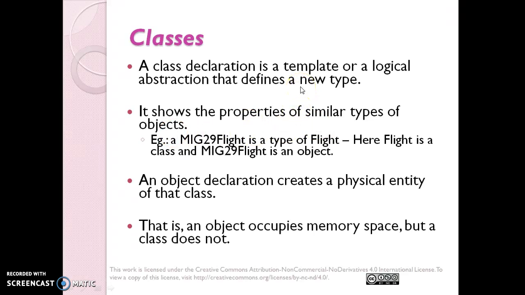For example, if you write int a, b, c, integer is the data type and a, b, c are the variables. Similarly, in the object-oriented programming paradigm, a class acts as a new type, and whenever you create a class, you can create n number of objects for it. For example, student is a class.